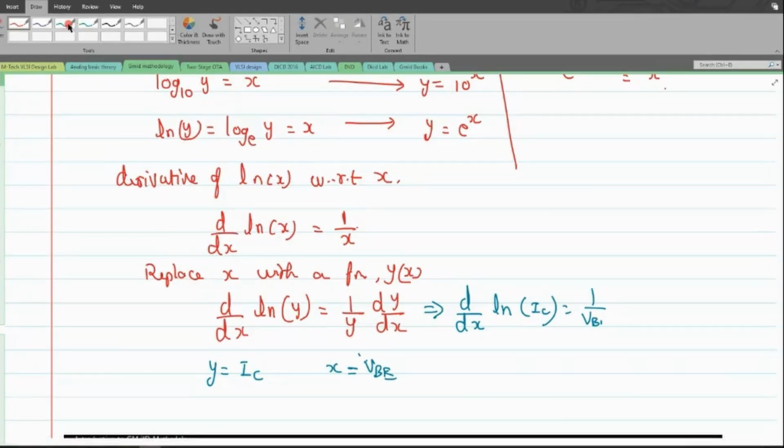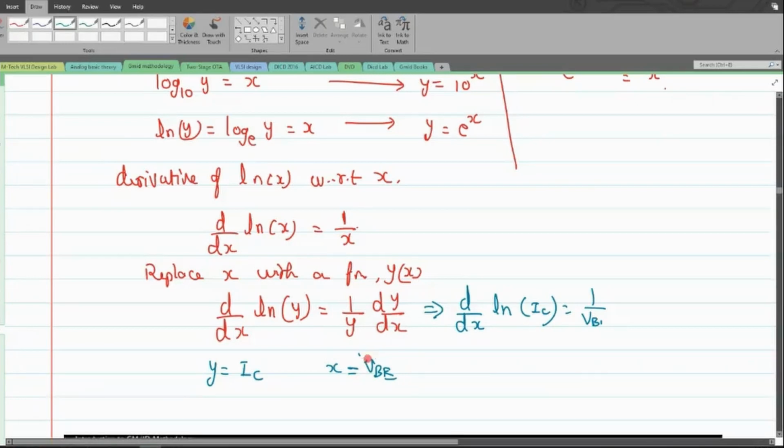Clear? Yeah. So now applying all of these formulas by replacing y with the collector current and the x variable with VBE, we end up with 1 over IC, and there is a derivative of IC with respect to VBE. We already know that the derivative of the collector current with respect to VBE is nothing but the gm of the system.